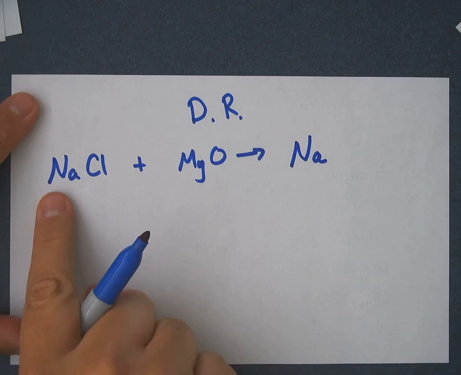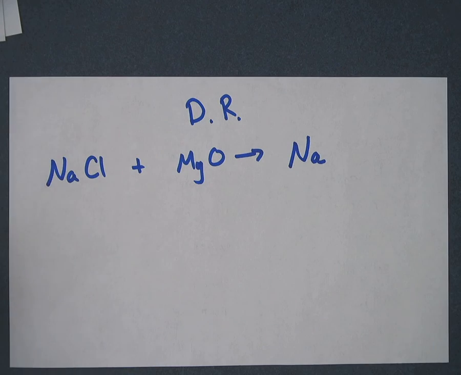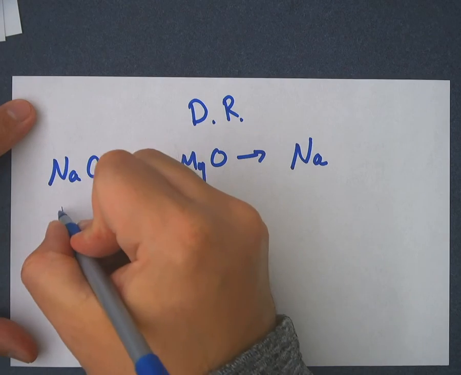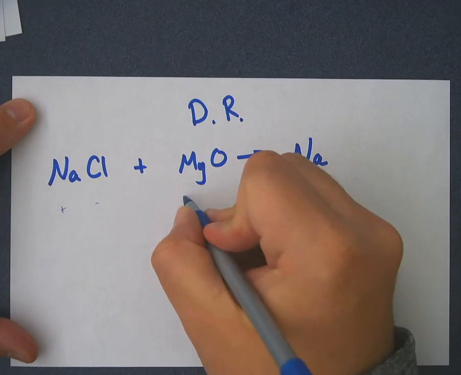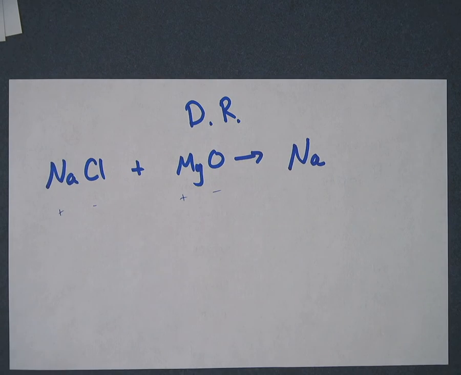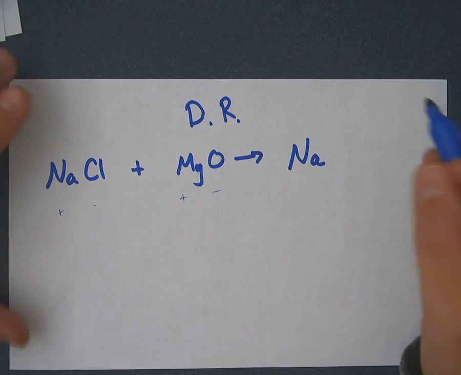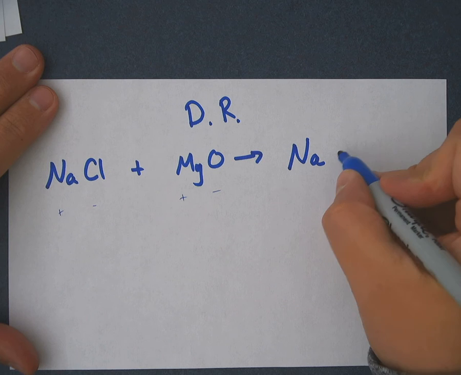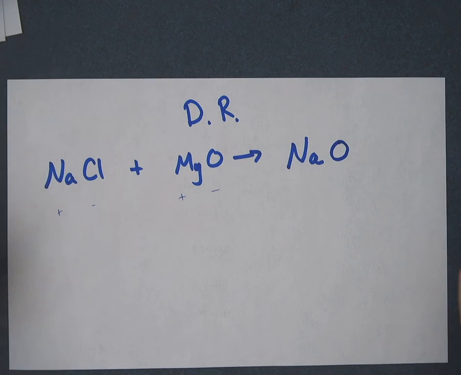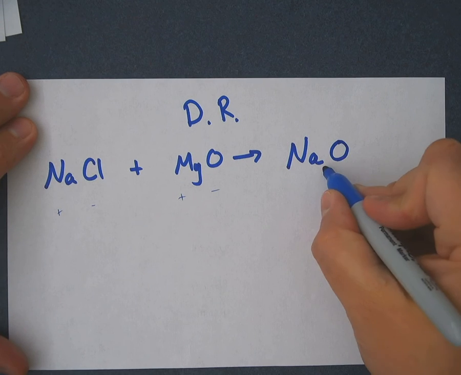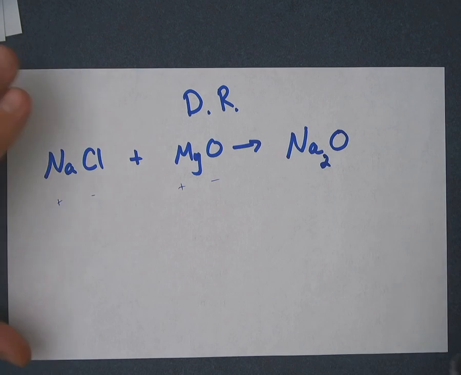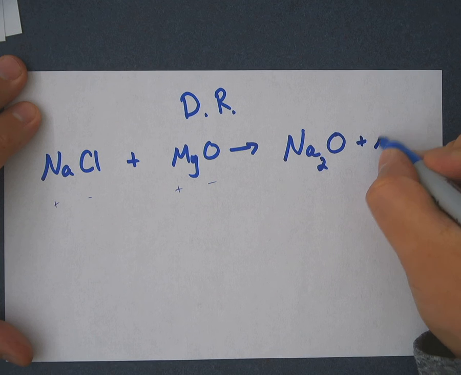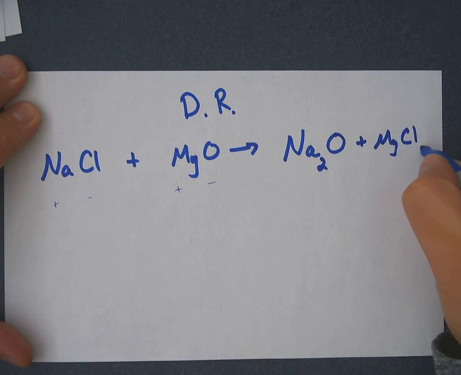Well, since sodium is positive, and we always put the positive first and the negative second, we do not want sodium and magnesium to predict a combination because that's against nature. And in this case here, if I looked up the charges and did a crisscross, I need to put a 2 there. And that means magnesium is left with some chlorines.